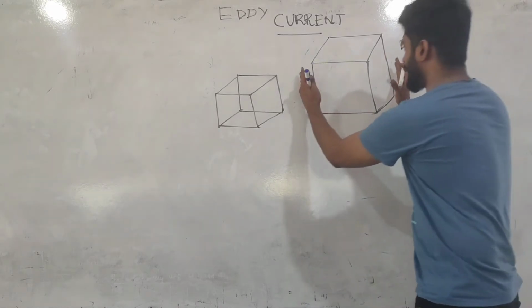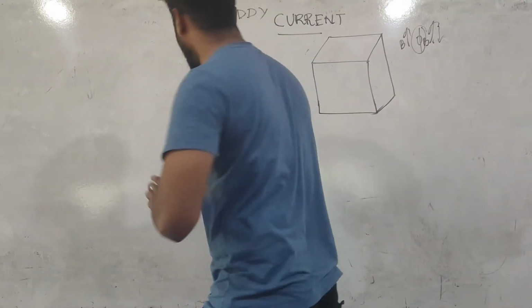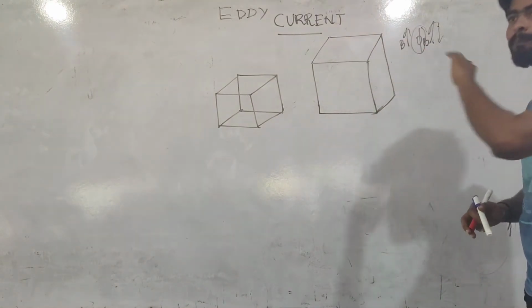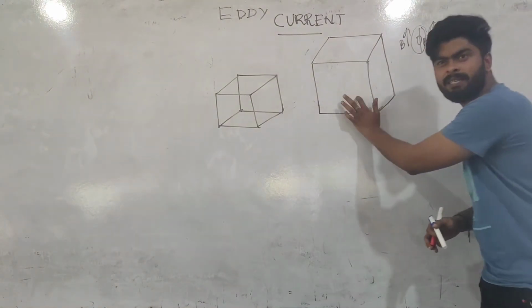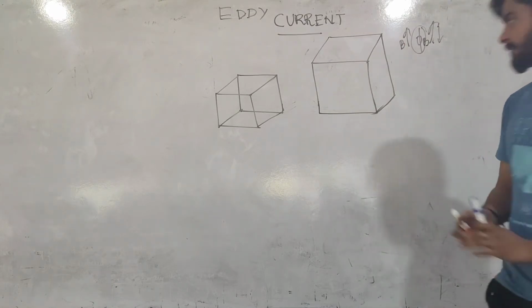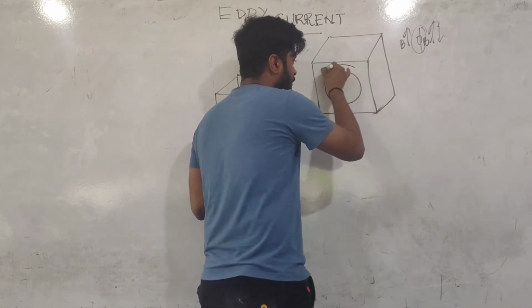So if a metallic block is placed in changing magnetic flux, or whenever the magnetic flux linked with a metallic block changes, an EMF is induced in this metallic block, and therefore circulating currents are produced.